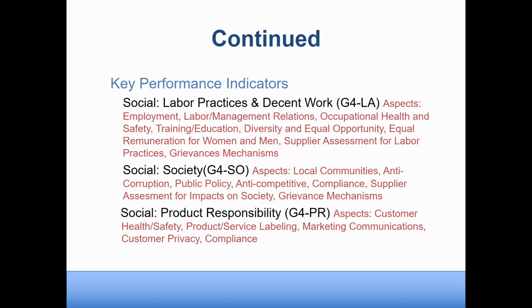So you can read these kinds of different things. And then the last two in social are local communities and then your products and what kind of impact your products have from a toxic standpoint, from have there been liability lawsuits around them, things like that.